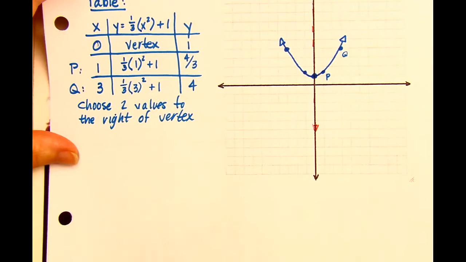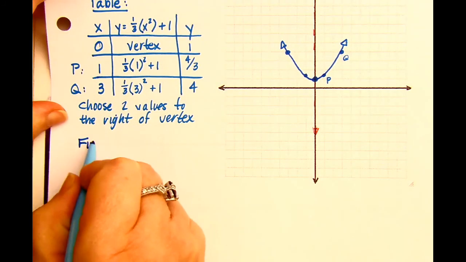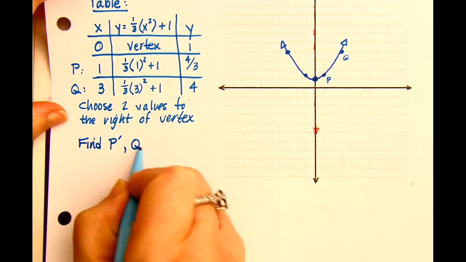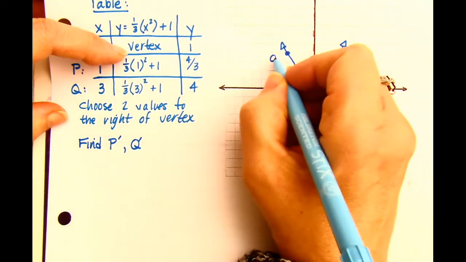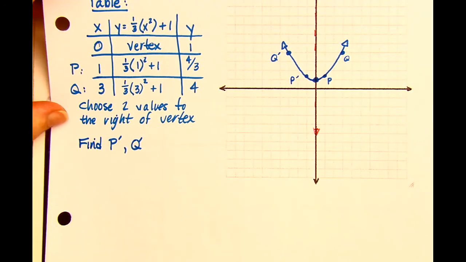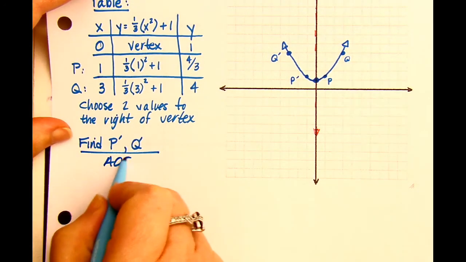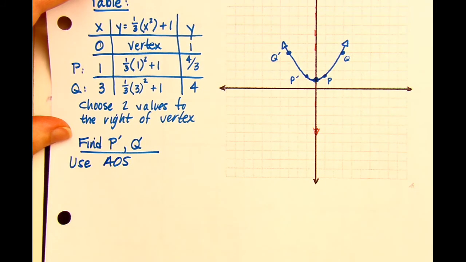Okay, so what did we do? Well, we plotted our ordered pairs, and then we had to find P prime, Q prime, right? This one was P prime, Q prime. We say prime, it's the corresponding point. And we found those by using the AOS, the axis of symmetry.